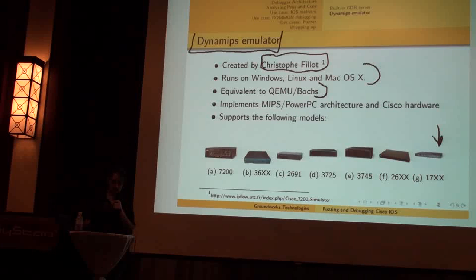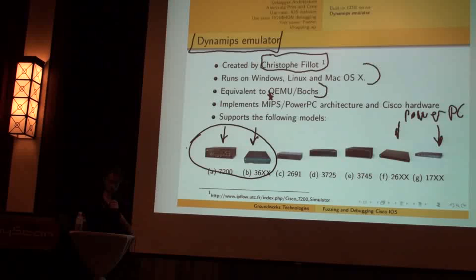It implements everything from the CPU. Cisco basically has two main architectures. They use MIPS architecture and PowerPC. MIPS architecture is used in the bigger ones, and the lower-end routers use PowerPC. This is PowerPC. And the bigger ones are basically MIPS.